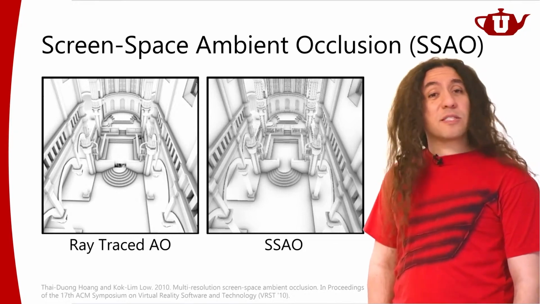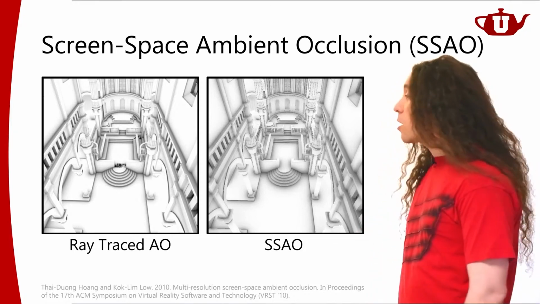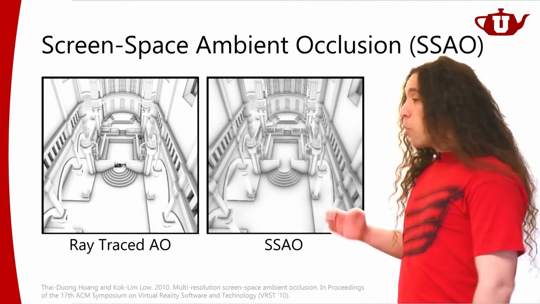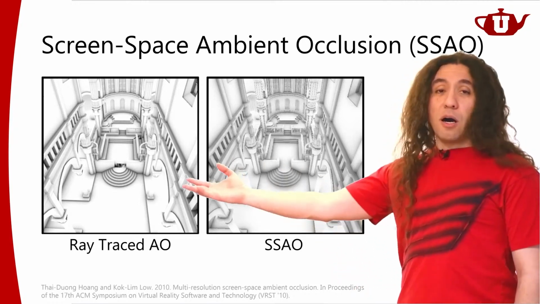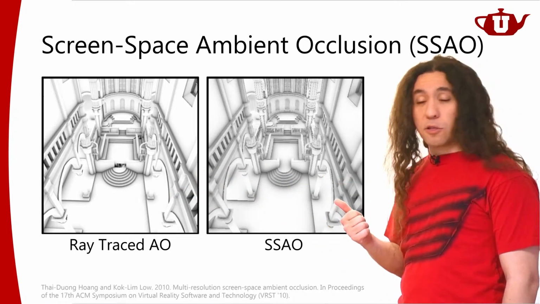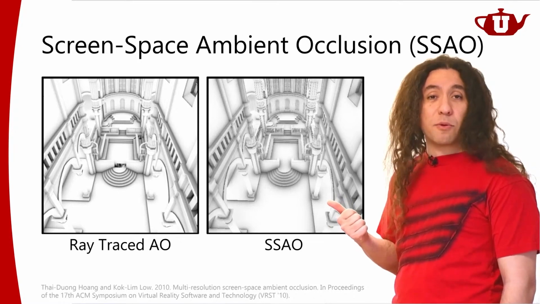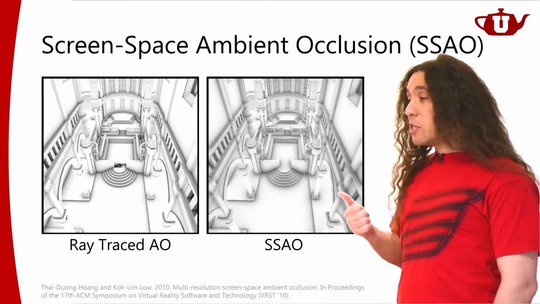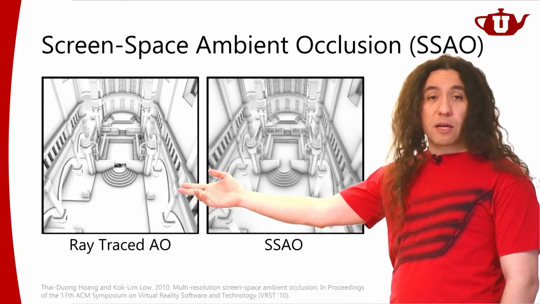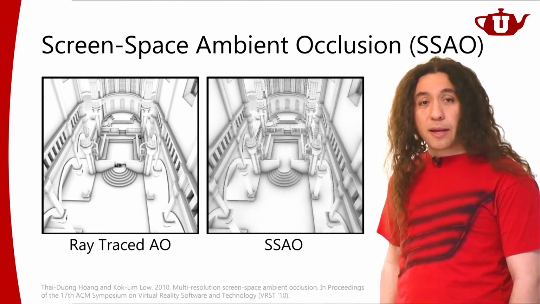And so you can use different heuristics to approximate ambient occlusion. So this is going to provide an approximation of this ambient occlusion. It's not going to give you the exact value. You cannot do that because you don't have enough information. But this is going to be so much faster than actually doing ray tracing and figuring out that ambient occlusion, right?